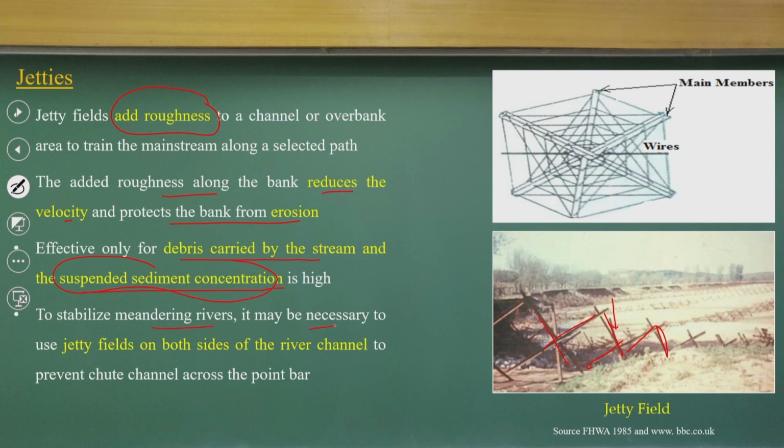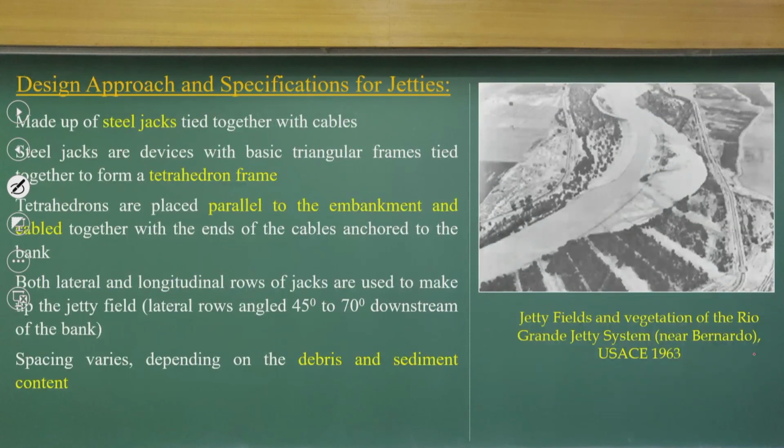It is necessary to have a jetty field on both sides of the river to prevent chute cutoff across the point bars. Looking at jetty fields from satellite data, you can see them. Basically it is steel jacks together with cables. The jacks are basic triangular frames tied together into tetrahedron frames.